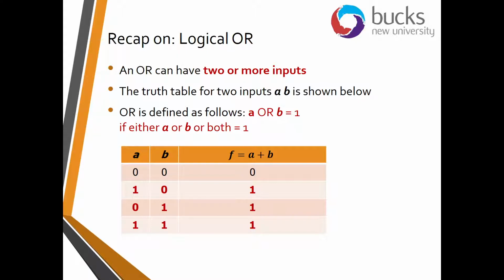The algebraic expression for OR is a plus symbol, so it says F equals A or B. You can see the 2 inputs, A and B, and when we put them through an OR gate, we get outputs that are all 1s apart from where all the inputs are 0.